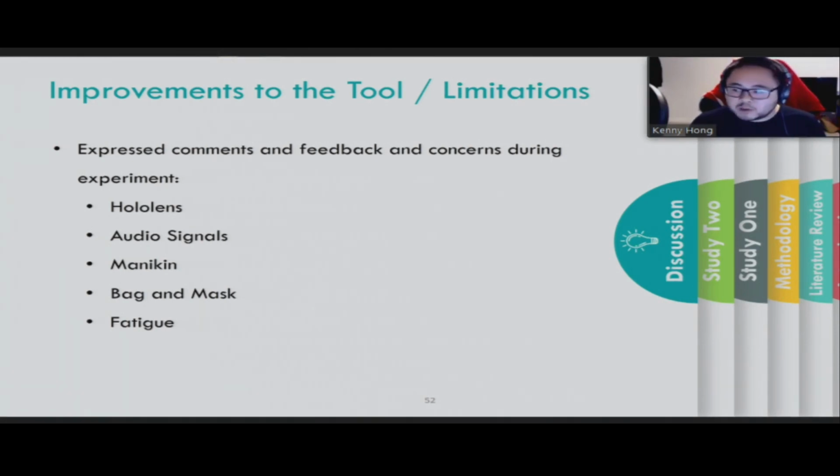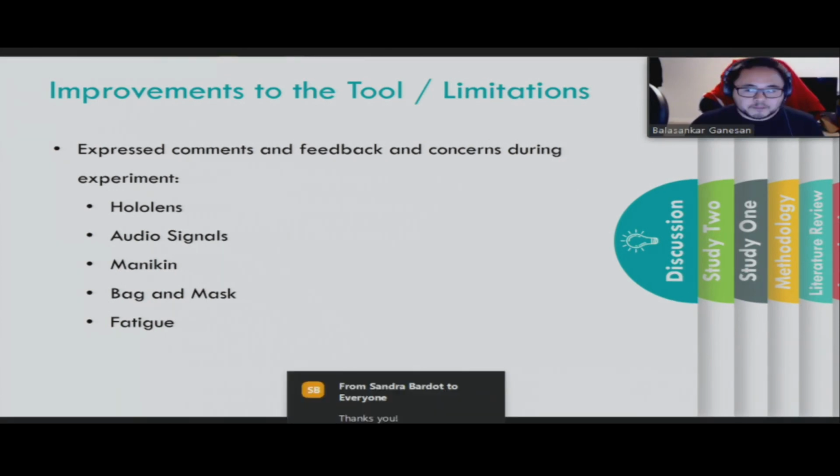The HoloLens may have caused performance issues because it was hot, heavy, and may have caused eye strain. Audio signals were confusing for the audio conditions for some professionals, as well as the mannequin not being like a real baby. There were a lot of complaints on how hard the structure was, and different healthcare professionals use different bag and masks, and some of them were not used to the tool used in the study itself.